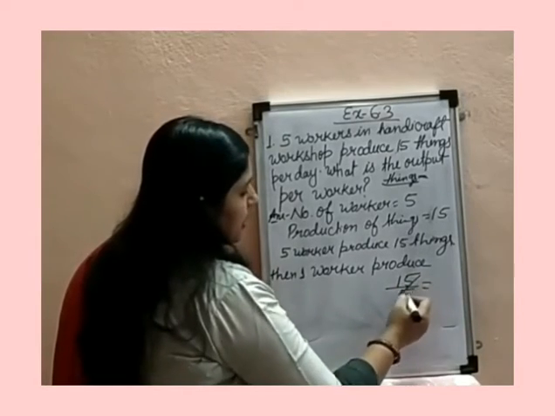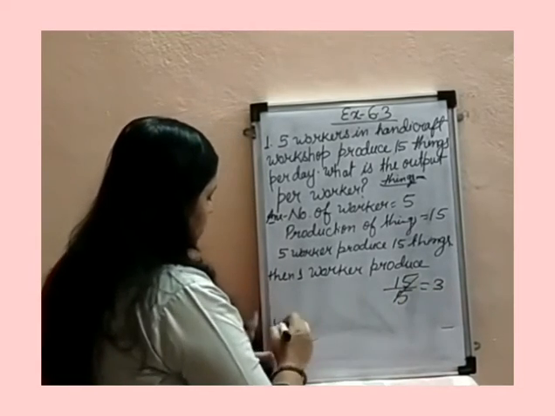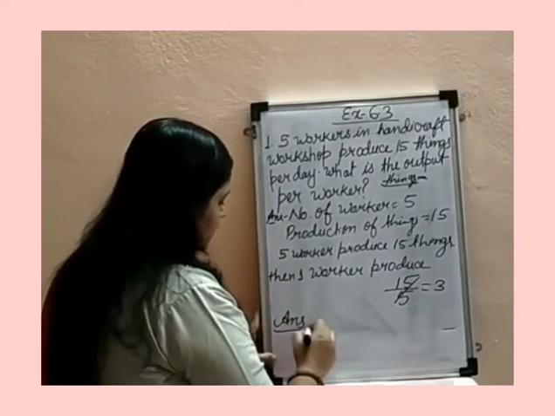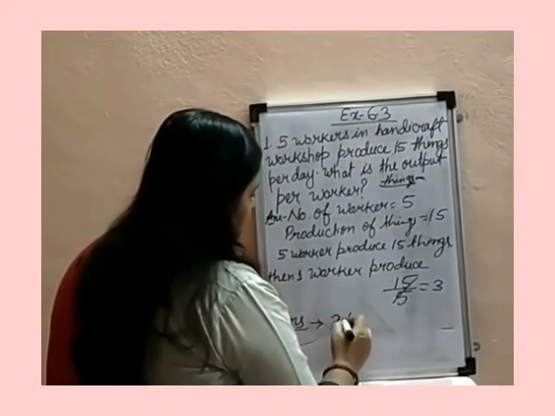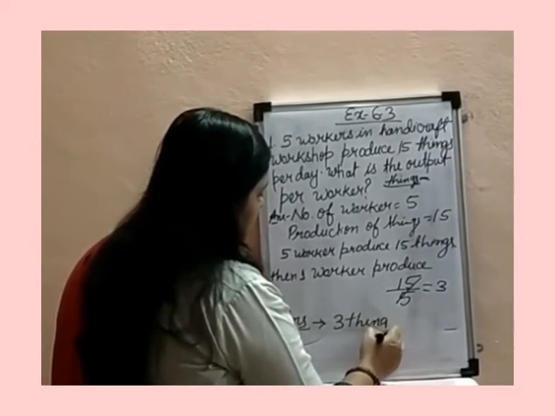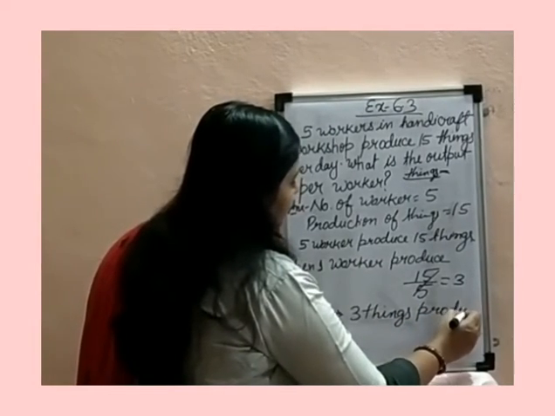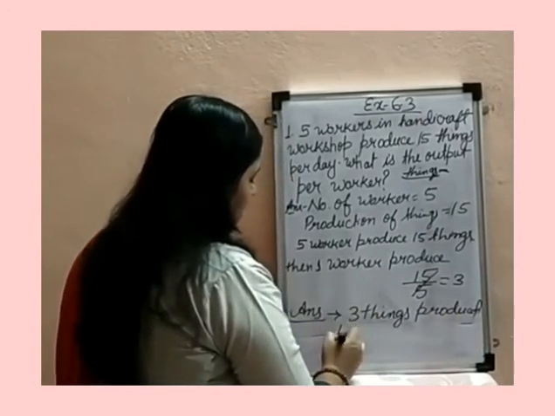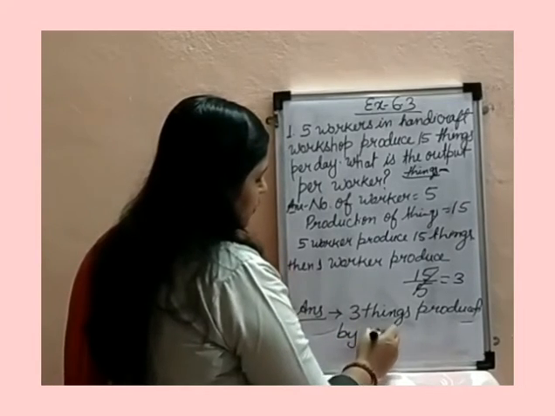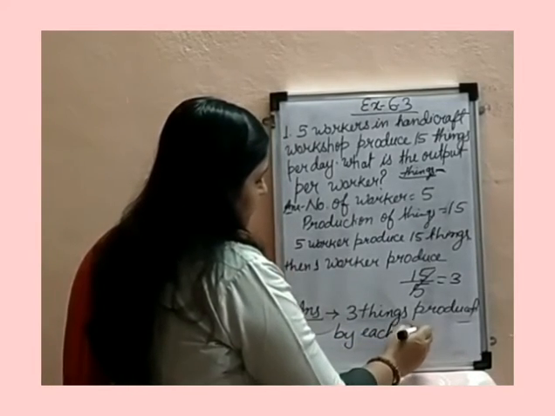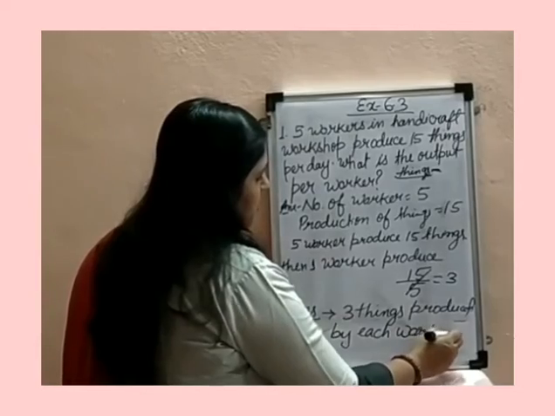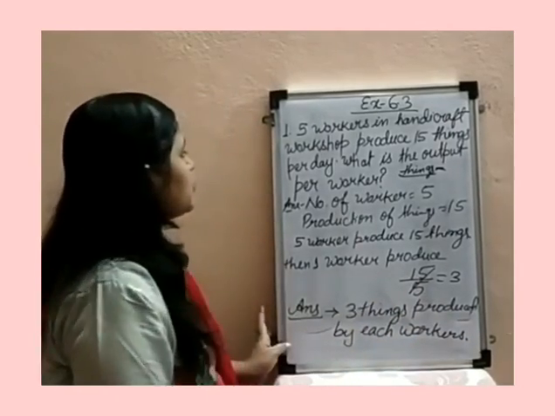Cancel the number, 5 threes are 15. So the answer is 3 things produced by each worker. That is our answer. Let's do our next question.